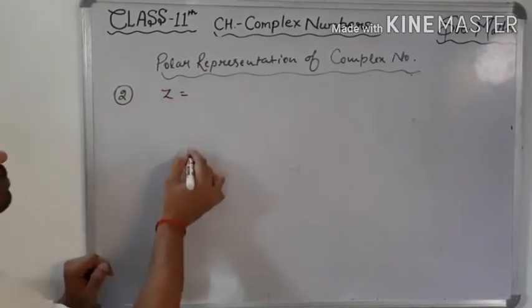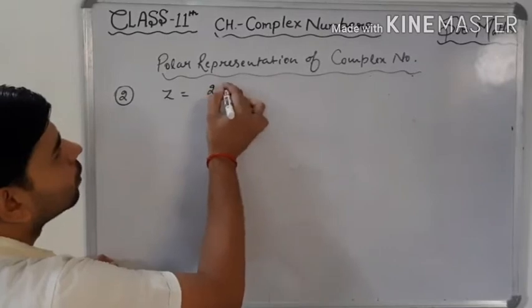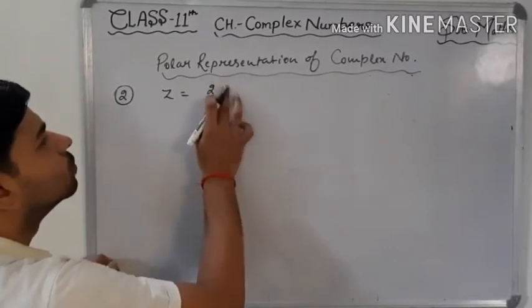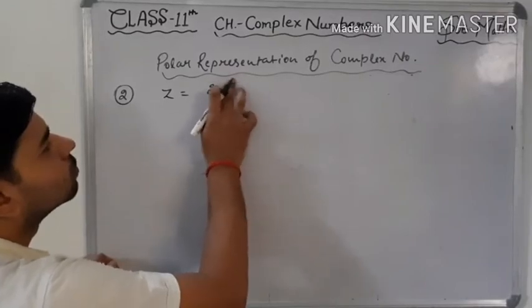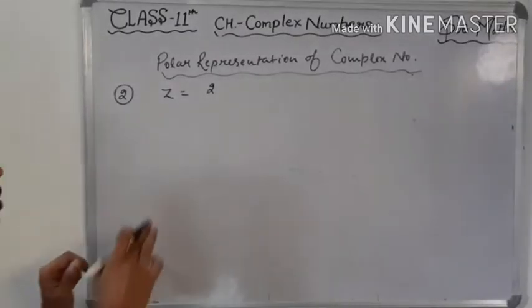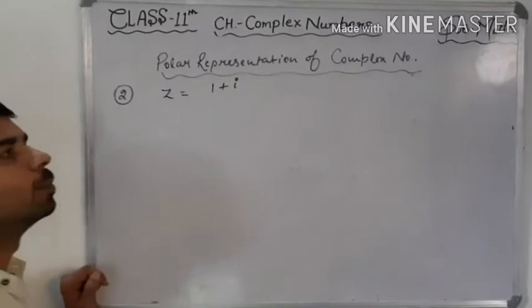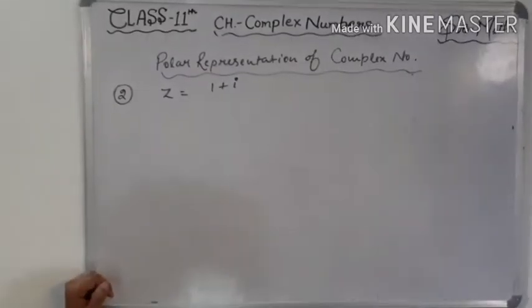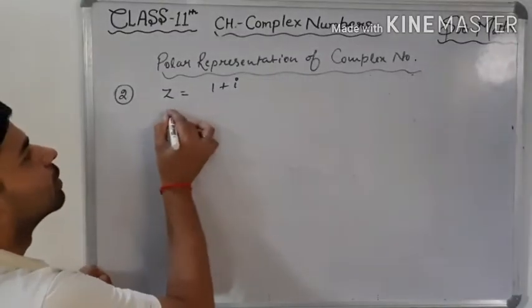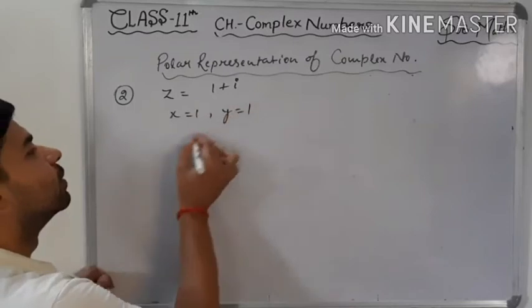z is equal to 1 plus i. We have to represent it in polar form. So x is equal to 1, y is equal to 1.